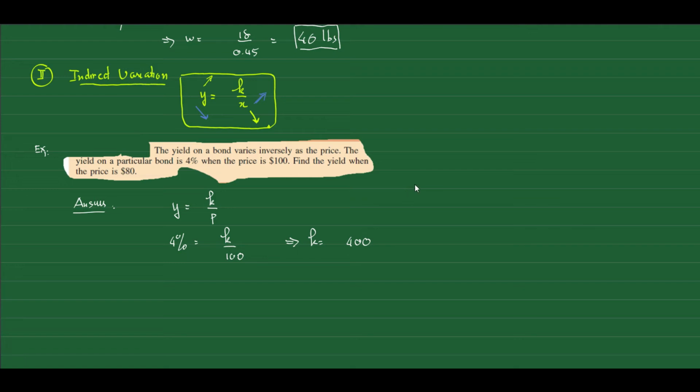Find the U when the price is 80. So from here the equation will be 400 over P. So the U when the price is 80 will be 400 divided by 80, which is only 5%.